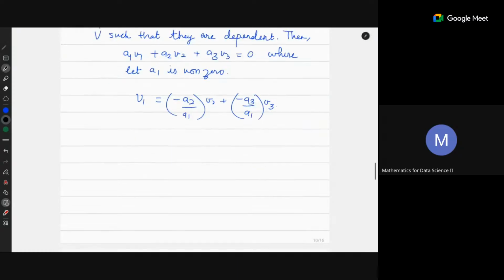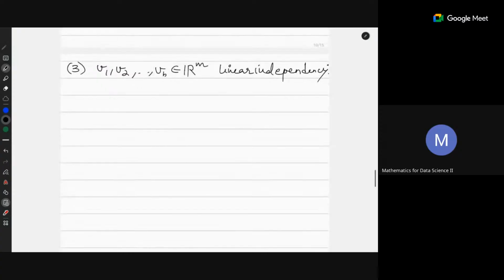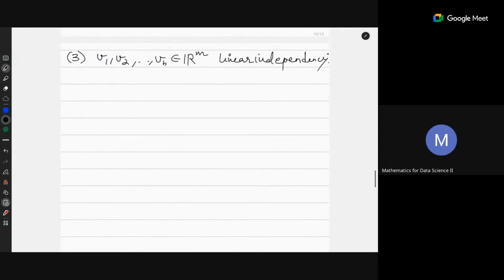All right. Similarly, suppose you have n vectors in R^m which are linearly dependent.